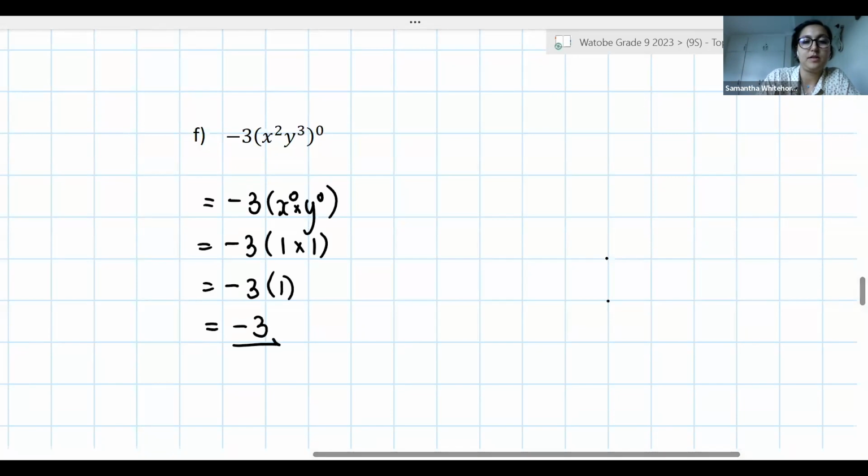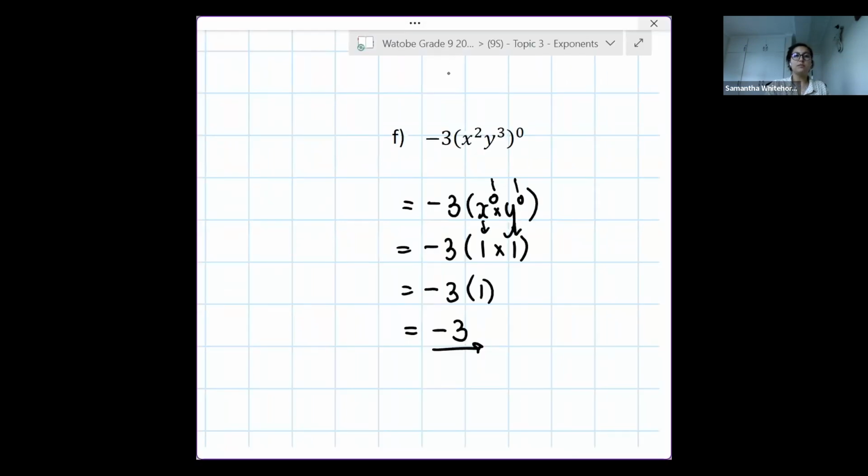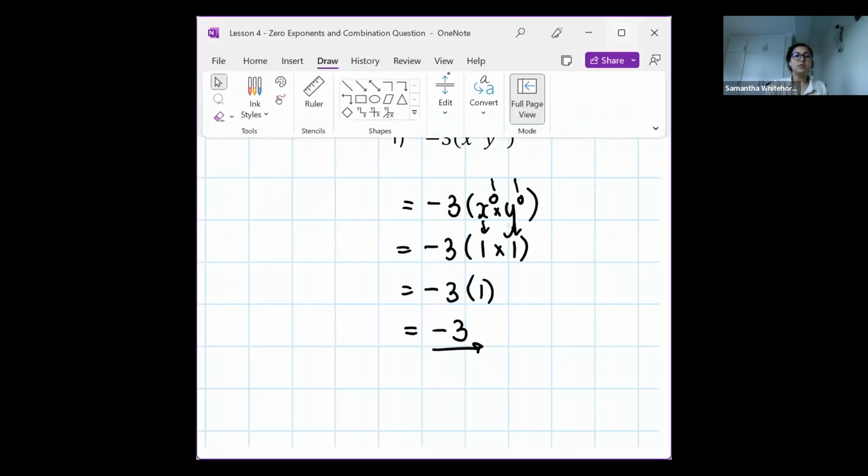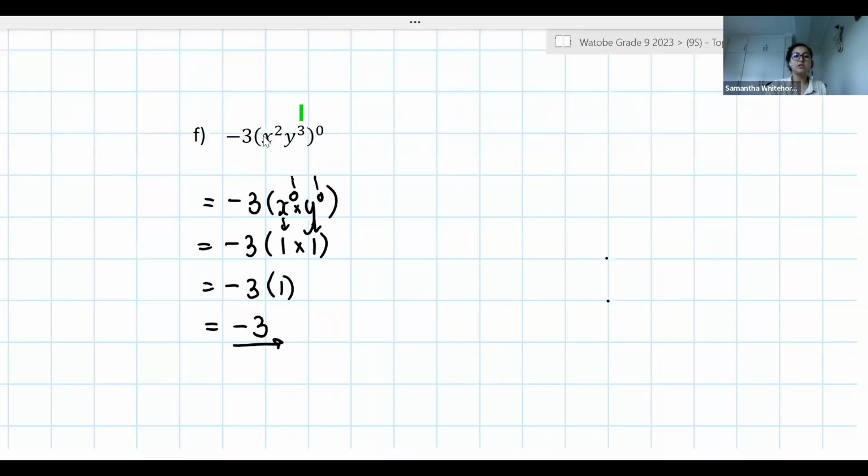Perfect. Okay, so guys, x to the power of 0, y to the power of 0, they both have a value of 1. And so negative 3 times 1 is exactly negative 3. Well done, I'm very proud of you. That's amazing. If you are comfortable with knowing that the brackets to the power of 0, so this whole thing, has that value of 1, you are obviously welcome to go straight to the answer of negative 3.